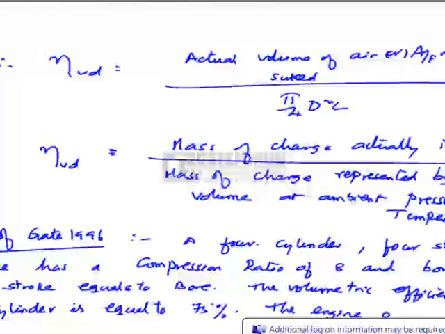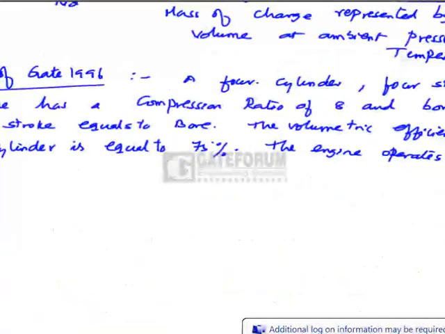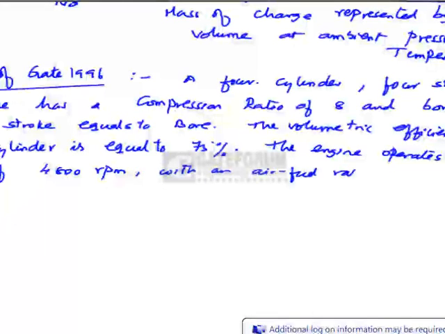The engine operates at a speed of 4800 rpm with an air-fuel ratio of 15.